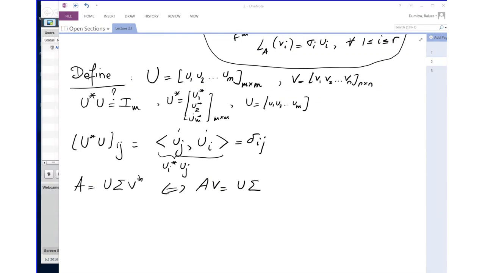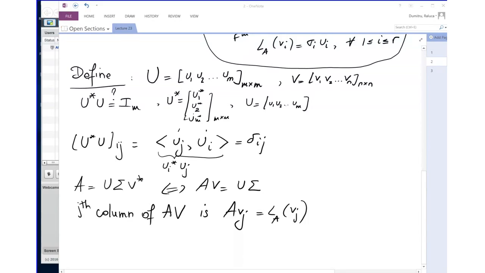Same thing. And I'm going to do the same as above, pretty much. So I'm looking at A times V, and I'm actually looking at the jth column. The jth column of A times V is A times Vj. So left multiplication by A of Vj.